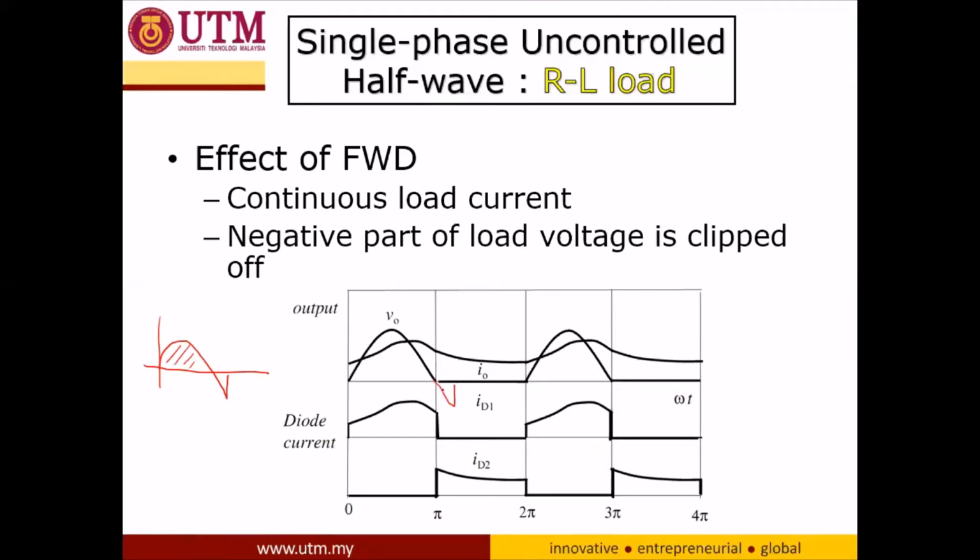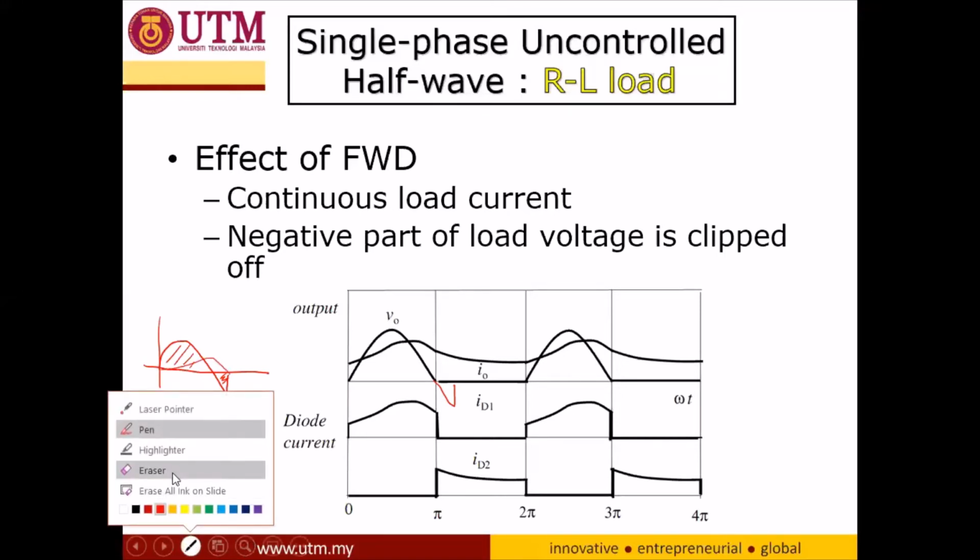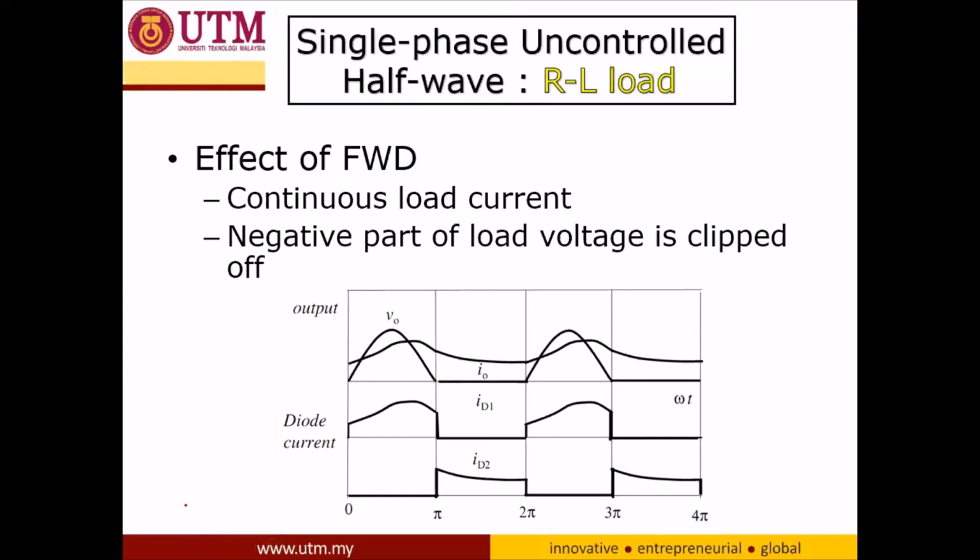This is because the inductor forces the diode to stay on. But when we have a freewheeling diode, the current will discharge through D2, the freewheeling diode.